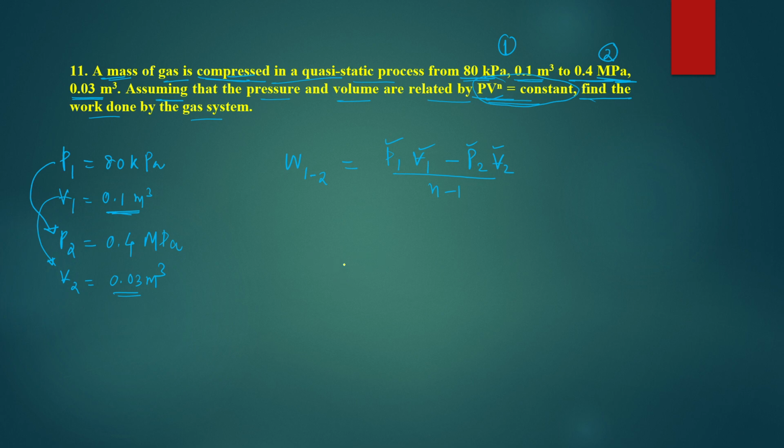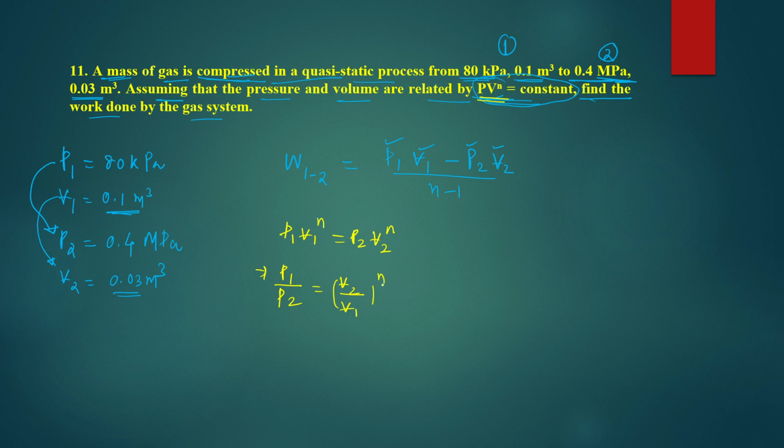Now, this is the equation which is given to us, so we can write P1 V1 raised to the power n equal to P2 V2 raised to the power n. Now I can write P1 by P2 equal to (V2 by V1) raised to the power n, right?